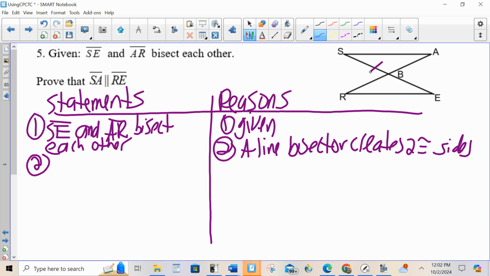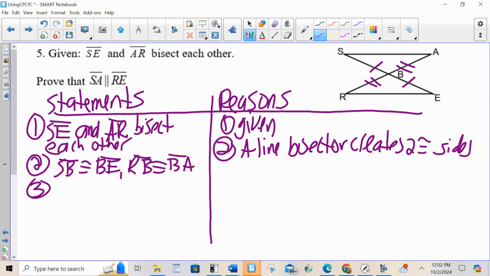Since they bisect each other, they're both being cut in half. So I have SB is congruent to BE, and I have RB is congruent to BA. I have two things congruent. I need 3. I'm out of givens.